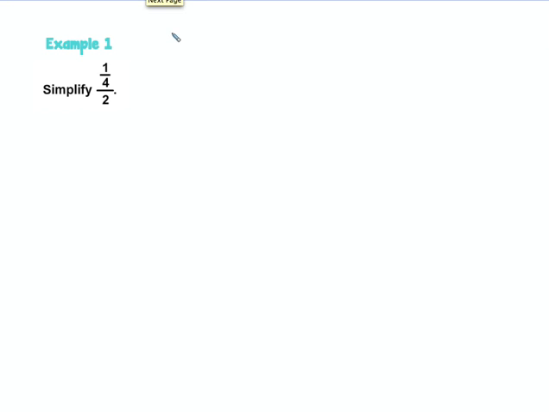So let's look at example 1. We need to simplify 1/4 over 2. The first thing that we're going to do is write it as a division problem. So let's write that as 1/4 divided by 2. Now remember, that's 2 over 1. Now we rewrite that as a multiplication problem.